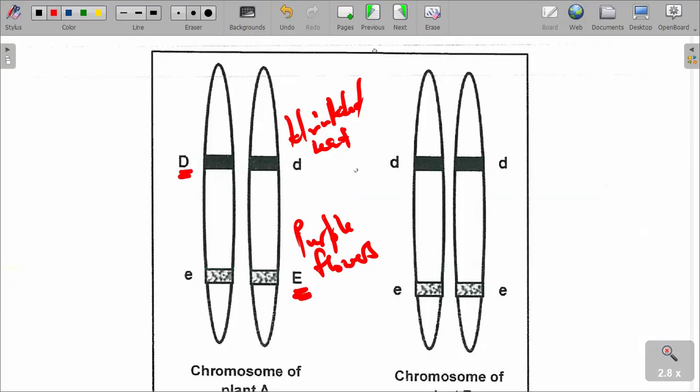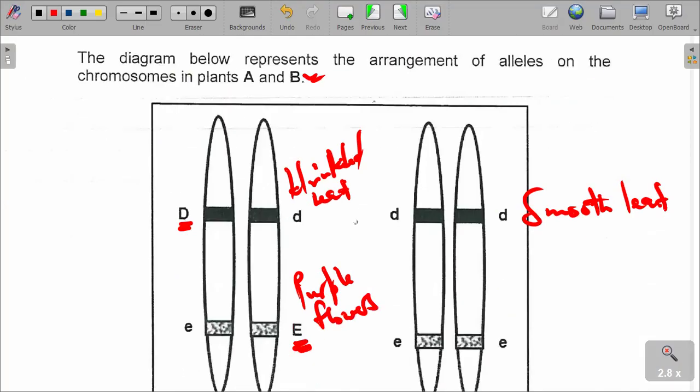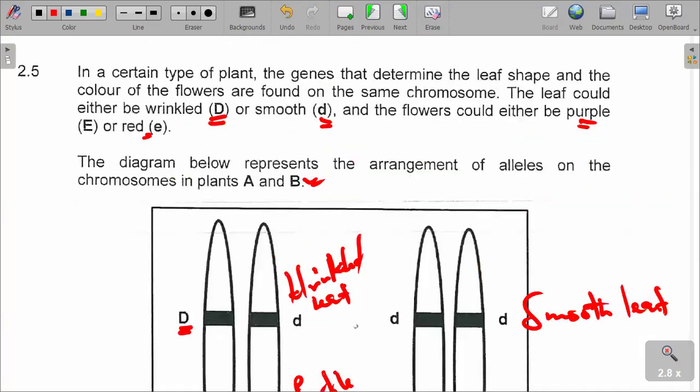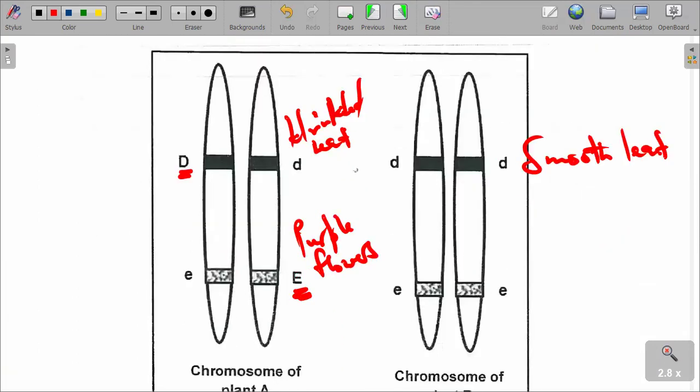So the other opposite one, the second plant B, it is actually smooth leaf. We have got a smooth leaf versus a red flower, which is because we are having all the recessive alleles that are there.